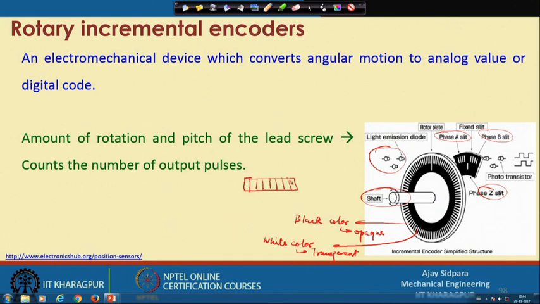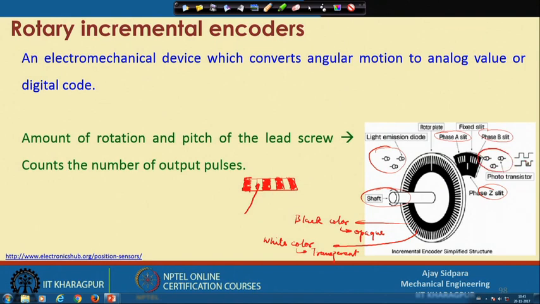When light is passing through, consider this situation, these are the opaque and the transparent regions. Light is passing through this part. When it is rotating, if these transparent parts come, then light will pass through, and on the other side there is a phototransistor.